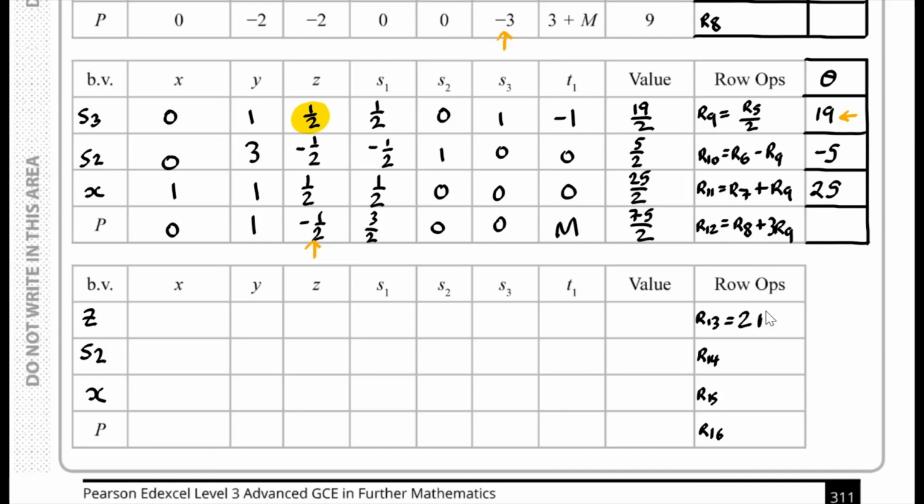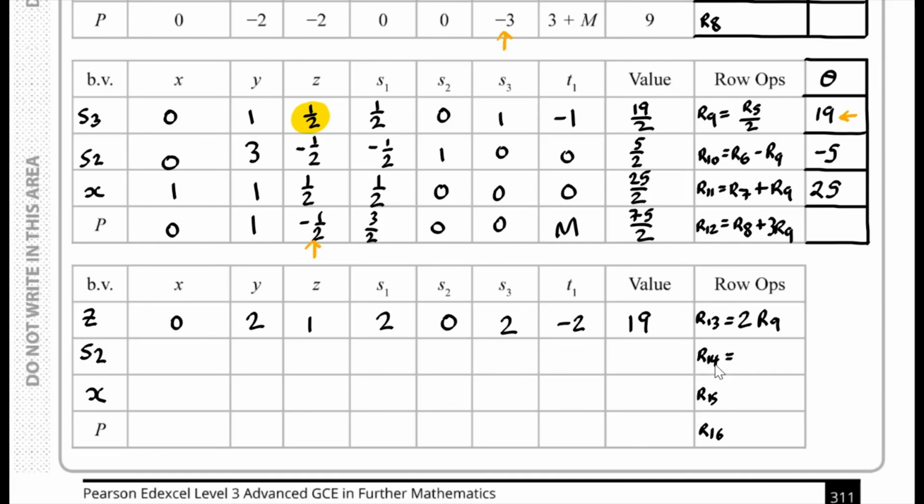So we have 2 lots of row 9. So 2 lots of row 9, we have the following values. We have 0, 2, 1, 2, 0, 1, 2, 0, 2, minus 2, and 19. Hopefully all that makes sense.